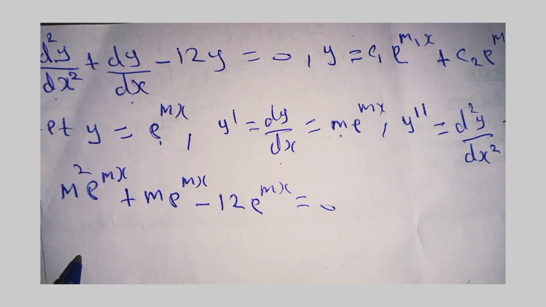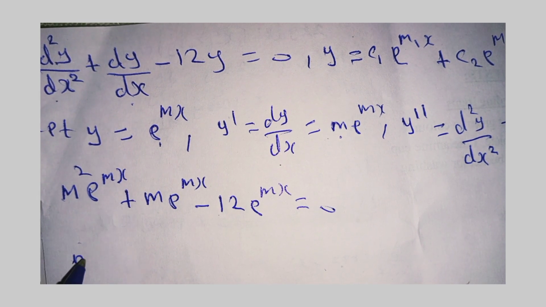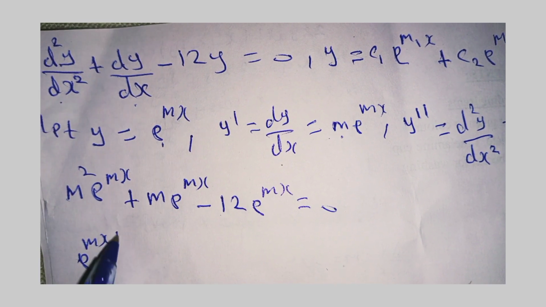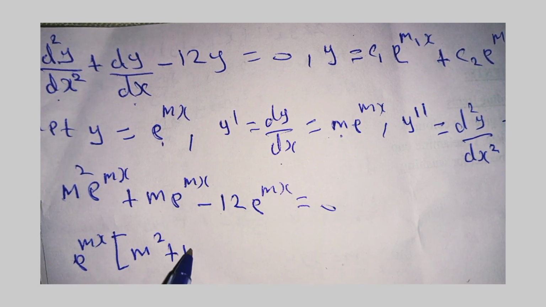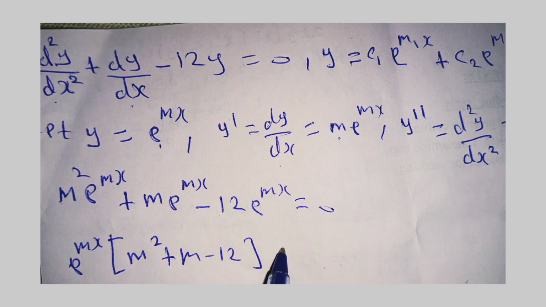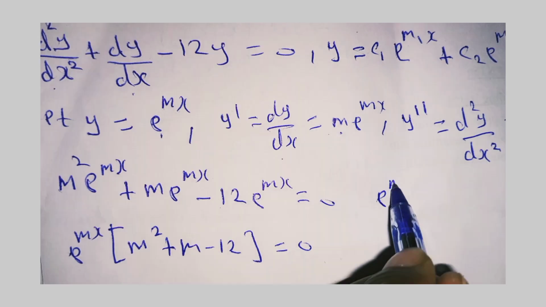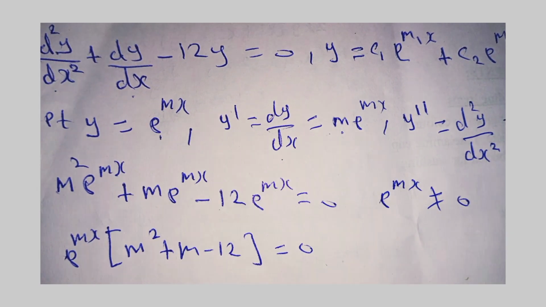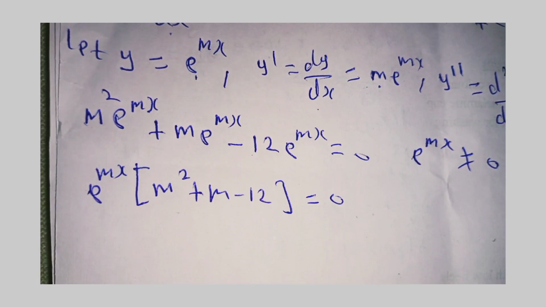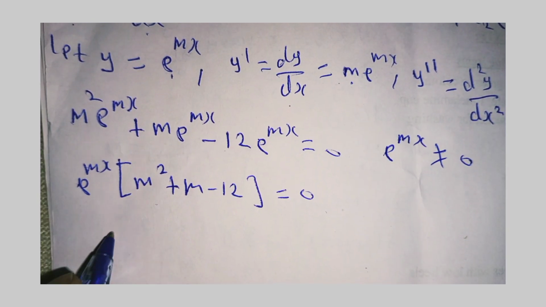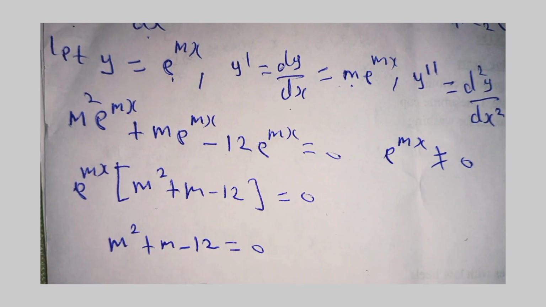Clearly we can factor out exponential mx, to be left with m squared plus m minus 12 equal to 0. Note that exponential mx can never be equal to 0, meaning the value in the bracket is the one which is equal to 0. So m squared plus m minus 12 is equal to 0.